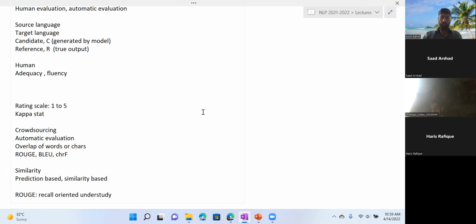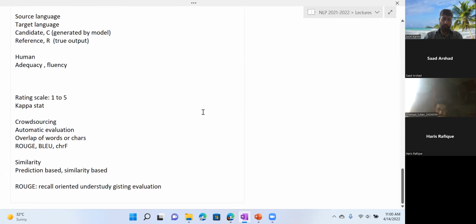Understudy is quite commonly used. Gisting, of course, is for summary. So this was proposed originally for summary, and as the name suggests, it's also based primarily on recall. Although extensions do use precision as well, primarily they use recall.